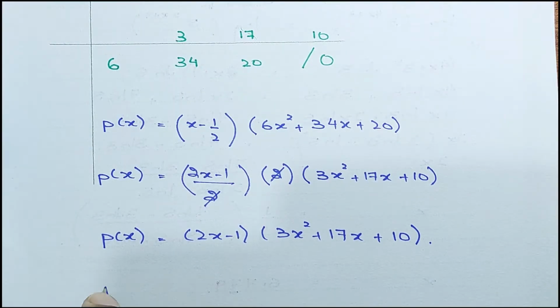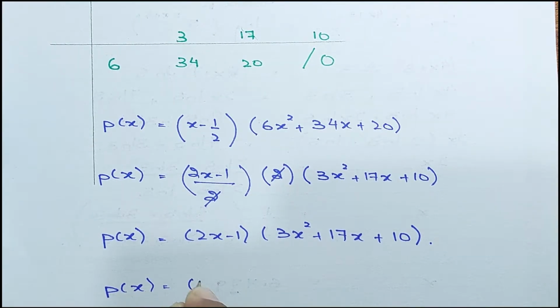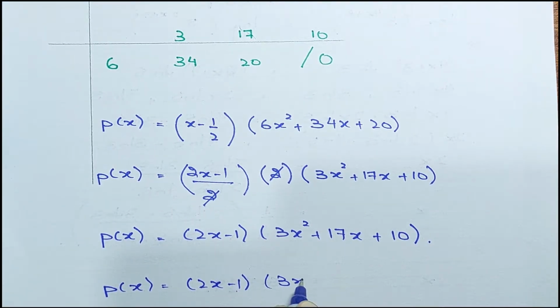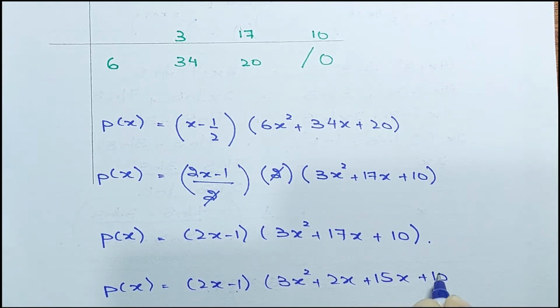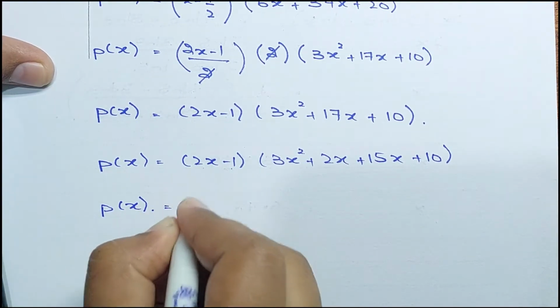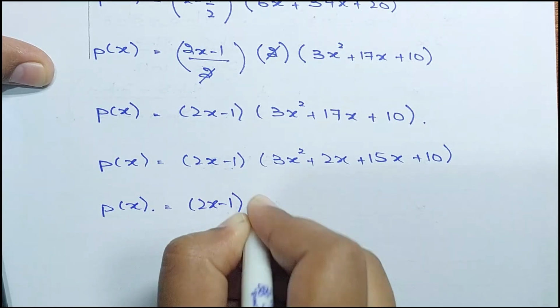Yes. So p of x is equal to 2x minus 1. I'm just factorizing this, right? 3x squared, 17 we can break as 2x and 15x plus 10. So now the polynomial in the factored form, we have to write this down. This would be 2x minus 1.